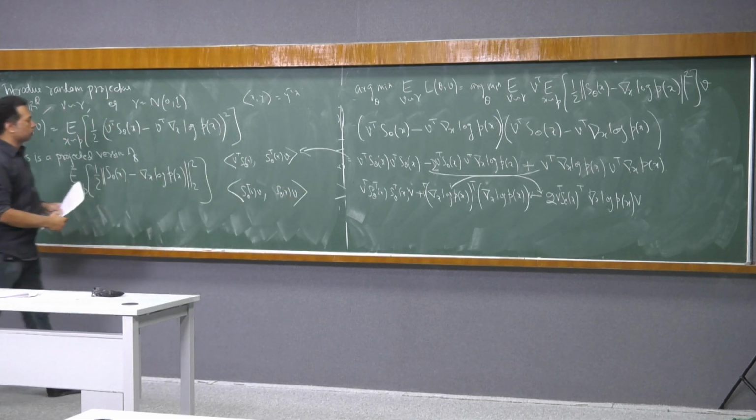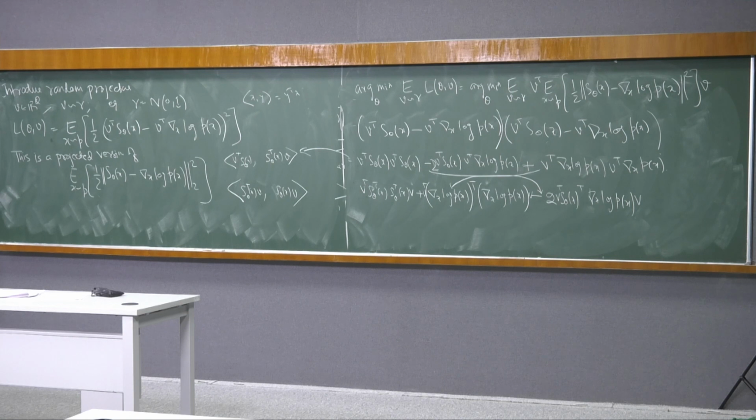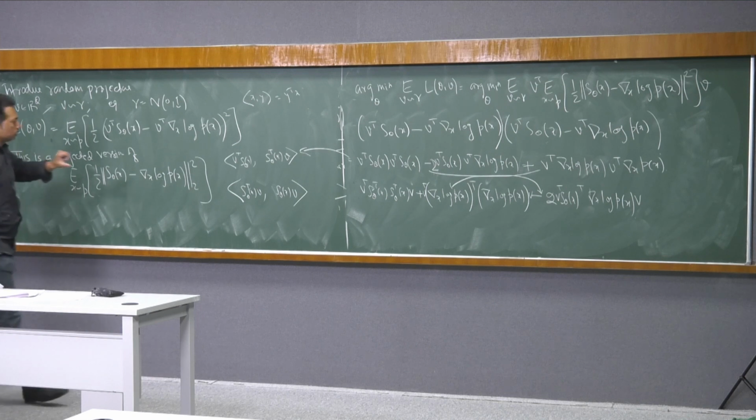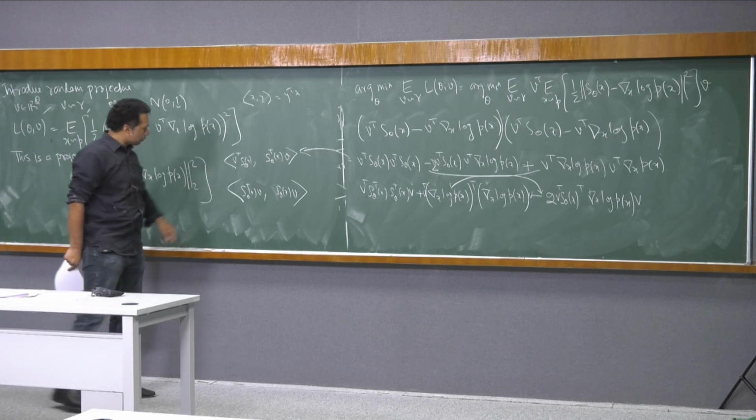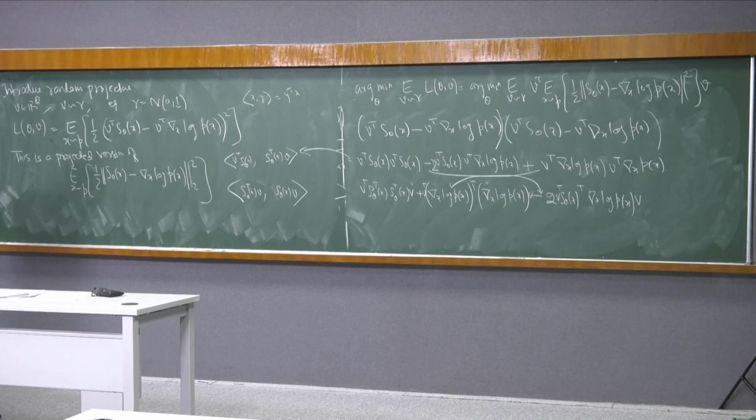These two are the same inner product, right? So v transpose s theta transpose v, that's right, and then this is v transpose s theta times v transpose s theta. So the question is, are these two inner products the same? That's another way to look at this.